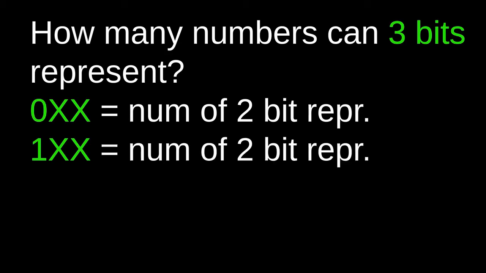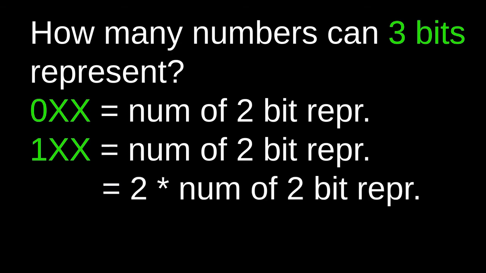And for the same reasoning, the number of possible ways that we can have a 1 followed by 2 bits of zeros and ones is equal to the number of 2-bit representations. So in total, we have 2 times the number of 2-bit representations. The number of 2-bit representations, we know that it is equal to 4. So this is equal to 2 times 4, which is equal to 8.